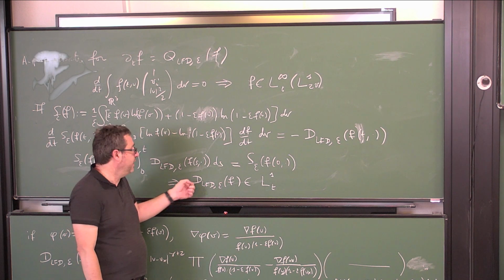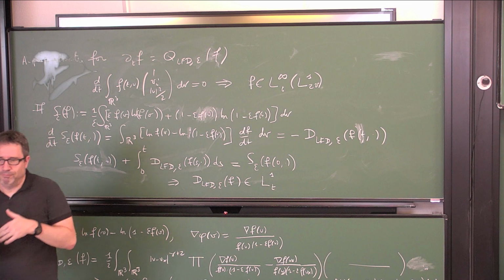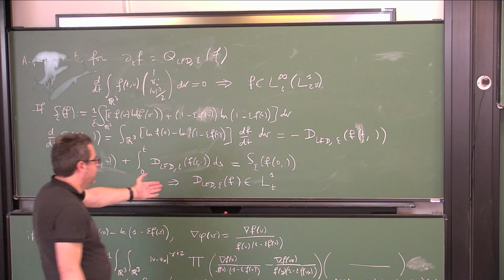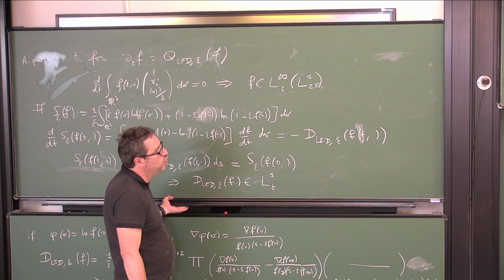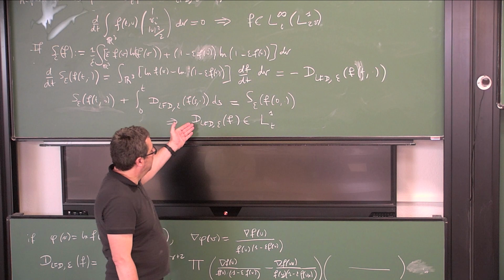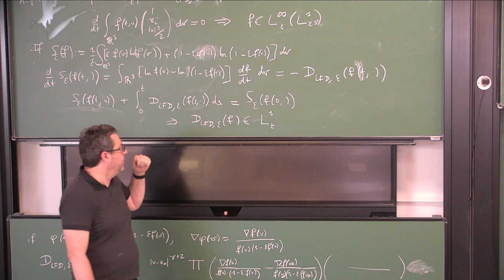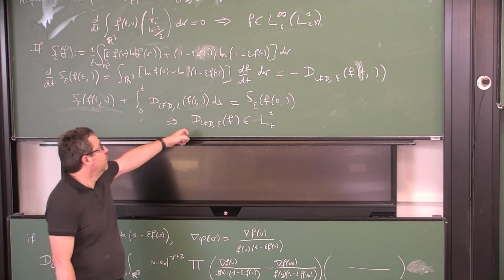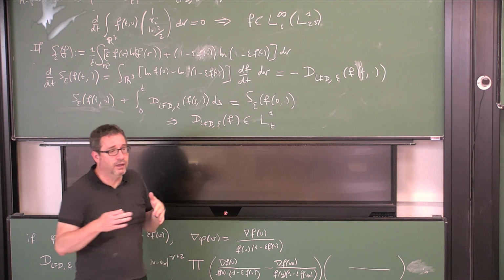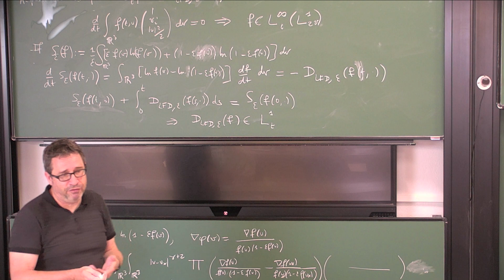You would like to get, for example, a Sobolev norm out of this quantity. In order to do this, what you must do is to get some kind of inequality from below. So you should prove that this is bigger than some Sobolev norm of f.